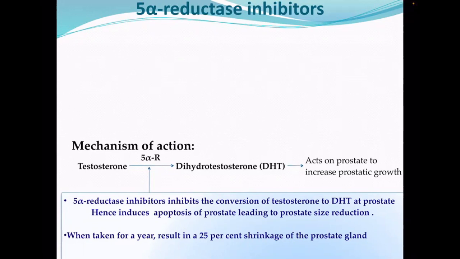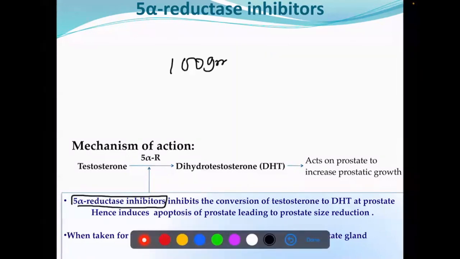At least 6 months is required to have an effect, and within 1 year there is a 20 to 25% decrease in prostate size. That means, suppose a patient has a 100 gram prostate, and you give this drug for around 6 months to 1 year, then the size will decrease by 20 to 25%, to around 75 to 80 gram.